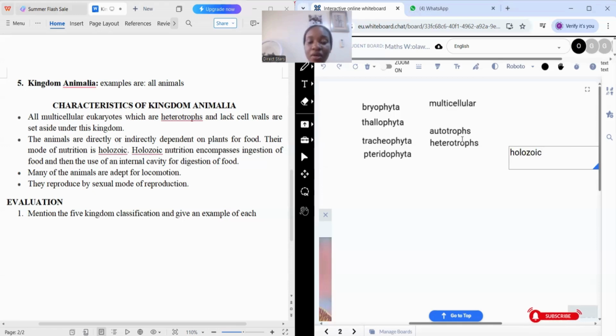That is, we put this food into our mouths. That is the act of ingestion. And then there are specified organs and systems inside us that help to carry out digestion. So we don't exhibit extracellular digestion. We exhibit our digestion inside our body.